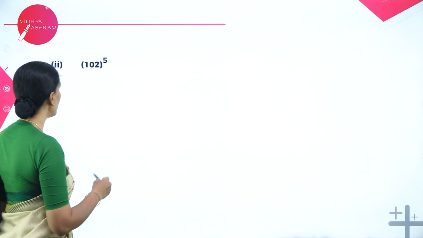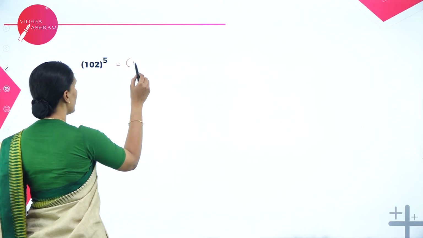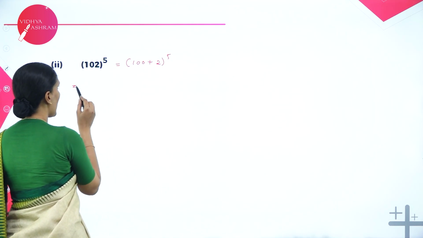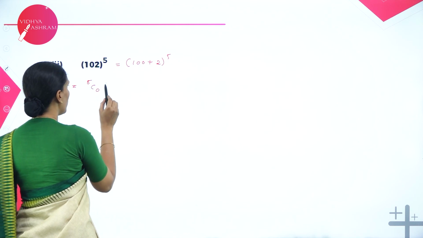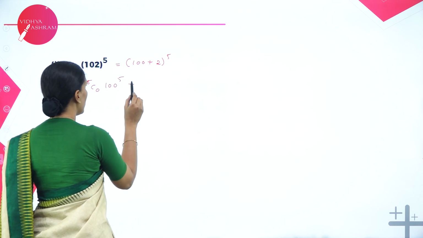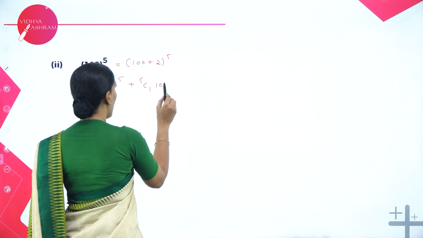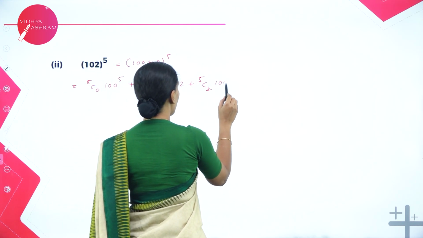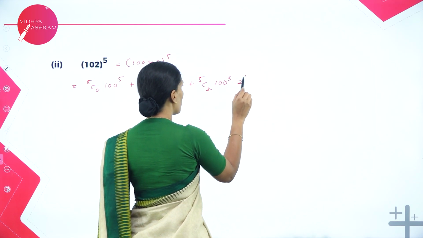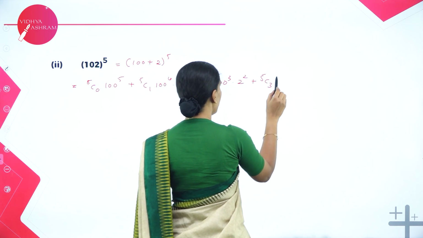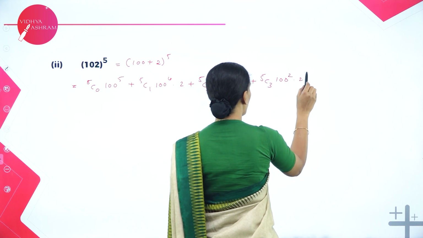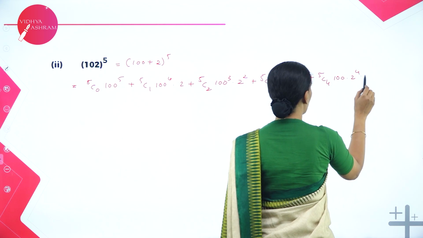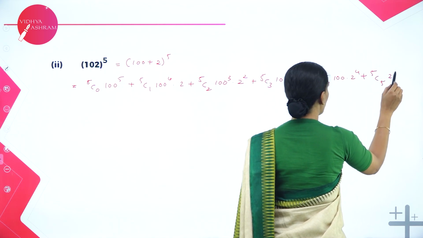Next one, 102 whole power 5. So this can be expressed as (100 plus 2) whole power 5. So now this can be written as 5C0 100 power 5 plus 5C1 100 power 4 into 2, 5C2 100 cube into 2 square, 5C3 100 square 2 cube, 5C4 100 2 power 4, 5C5 2 power 5.